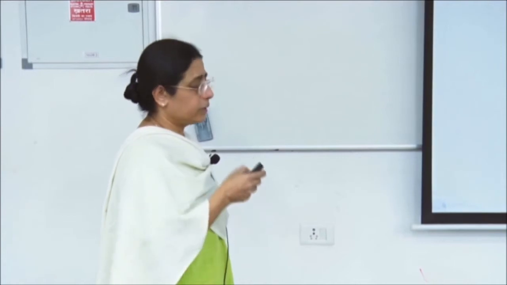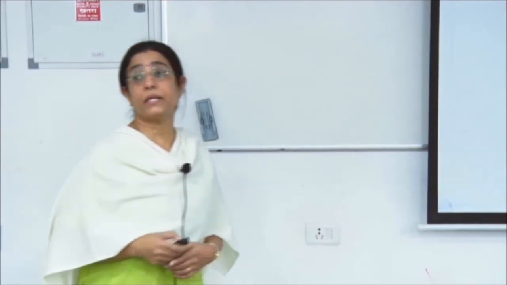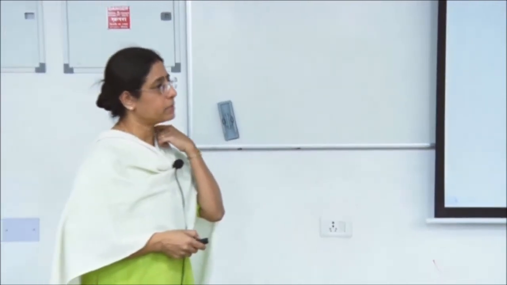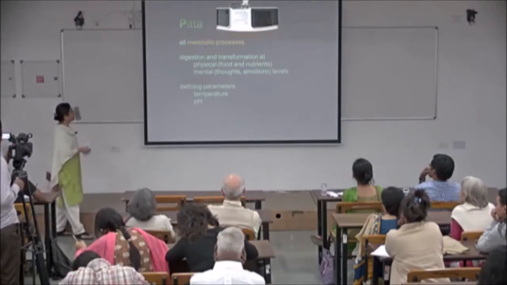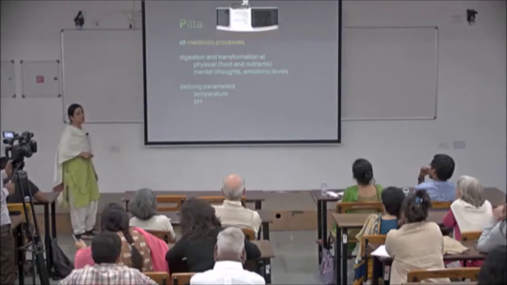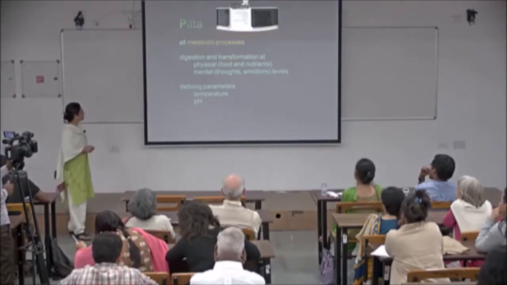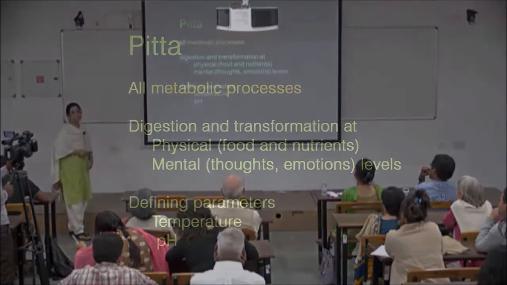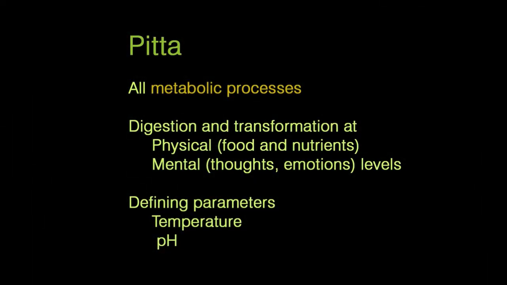Now, if you look at Pitta, all metabolic processes, be it at the physical level or at the mental level, both of these come under Pitta. So at the physical level, it is digestion and transformation of food and nutrients, and at the mental level, thoughts and emotions. In case you are wondering what is this digestion and transformation at the mental level, let me try to explain this with an example.